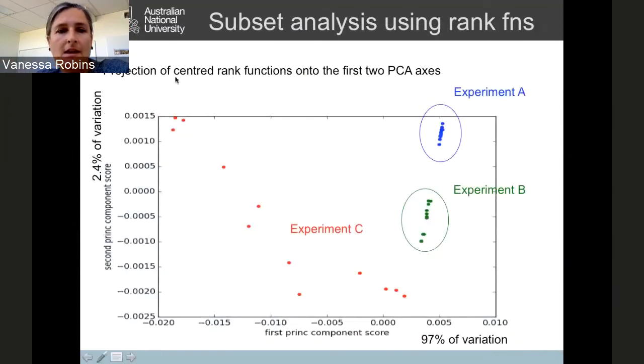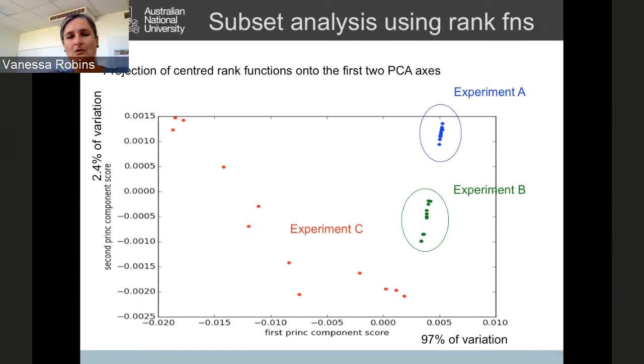So here's the projection of those functions. What we've done here is we project the residuals. Each data function minus its mean sits in some big functional cloud.